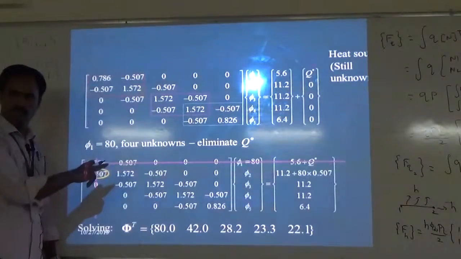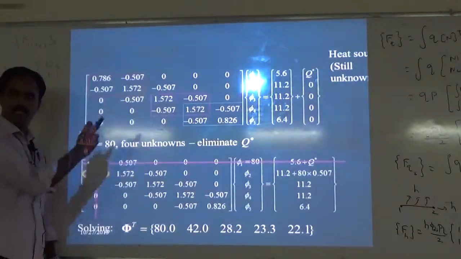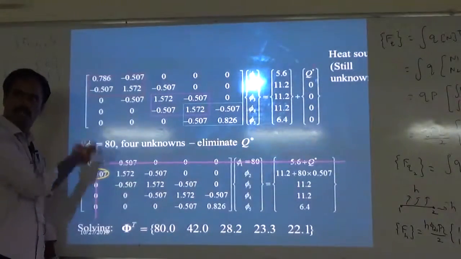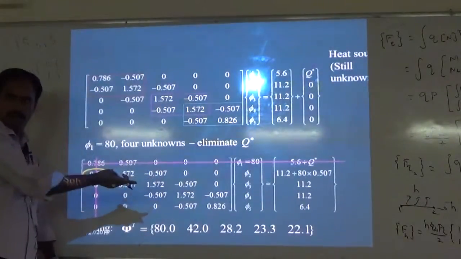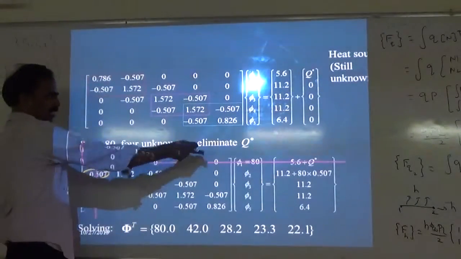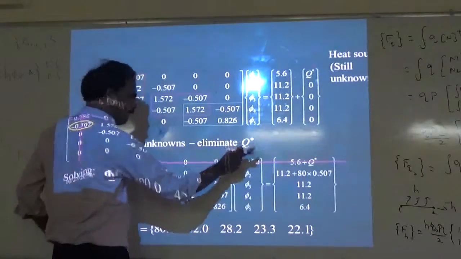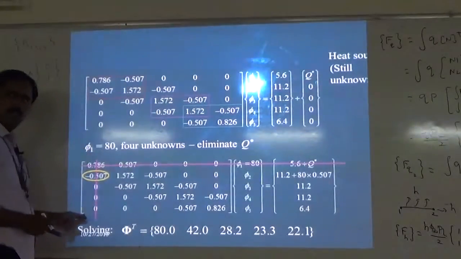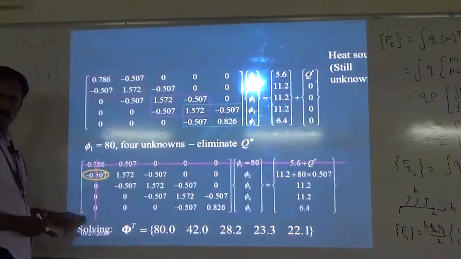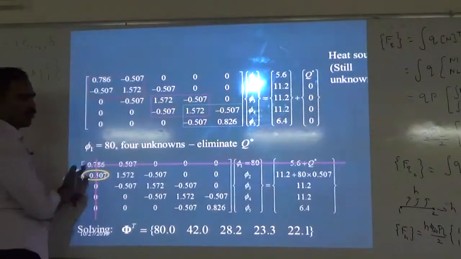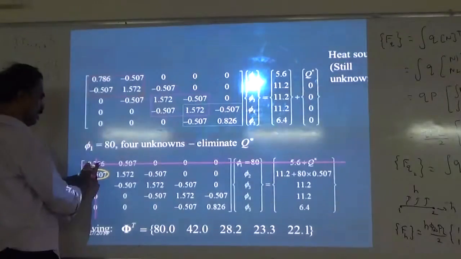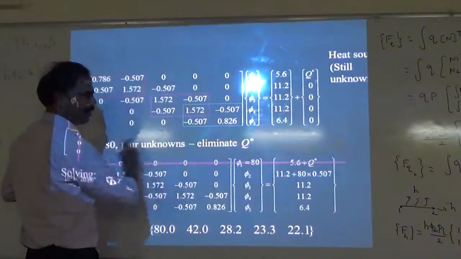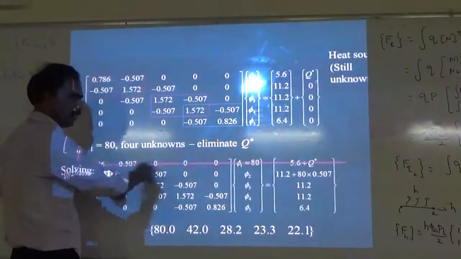You multiply the specified value with the removed column, that is the first column, and then subtract it from the load vector side. You multiply 80 with this thing and then subtract. This row is already eliminated.